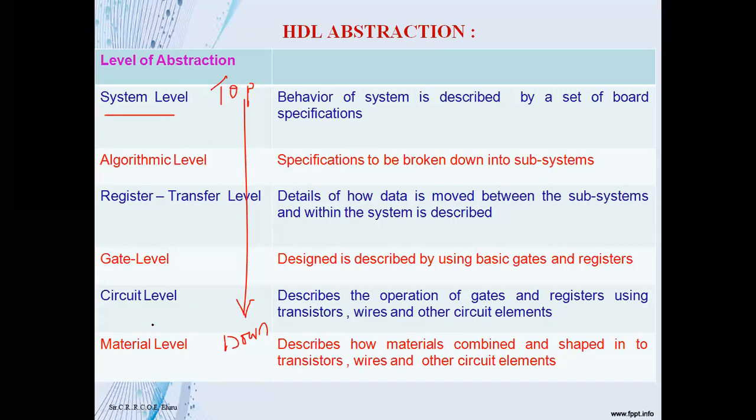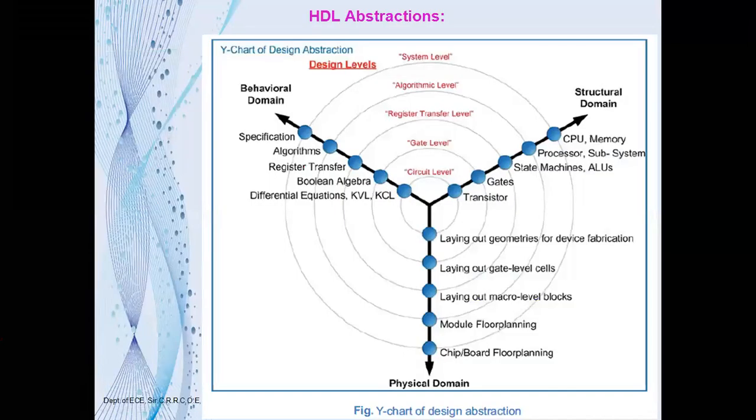And the last level is the material level: what materials are used to make the transistors, diodes, and resistors. So this is the hierarchy of the HDL abstractions. Using this, we will explain the next one.